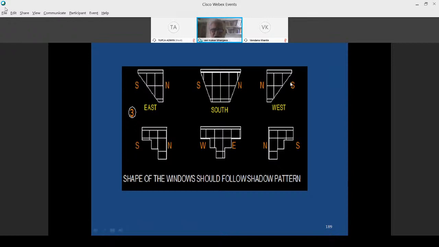Just this triangle should be in the opposite direction compared to the east side, and we should adopt the shape of that portion which will always remain in shade. So this is the most functional shape for the window, keeping in mind the shadow pattern created by these shading devices.